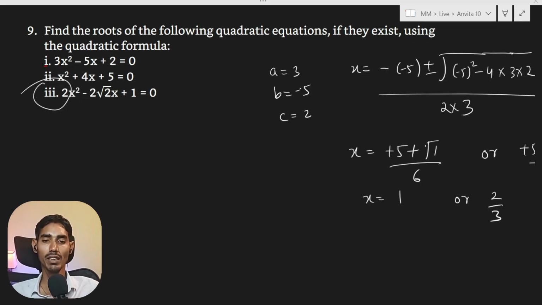Write the ABC values very clearly, and you can even solve the B square minus 4AC separately if needed. Okay, sir.